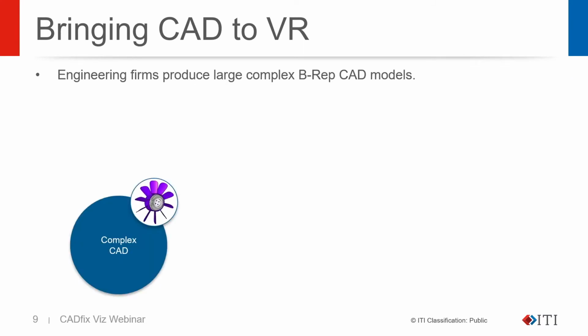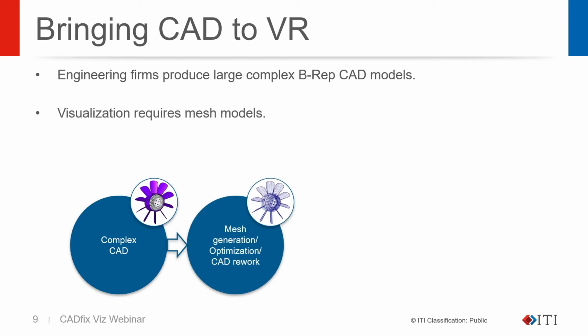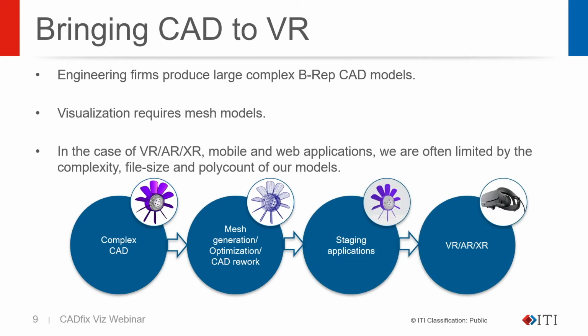So bringing CAD to VR. Engineering firms produce large, complex BREP mechanical CAD models and CAD assemblies. Visualization requires mesh models, faceted models, more lightweight representations that we can render on screen. And in the case of our visualization applications, such as VR, mobile and web, we're often limited by the complexity, file size, and the poly count or the triangle count of our models.